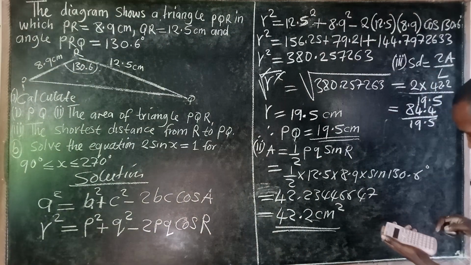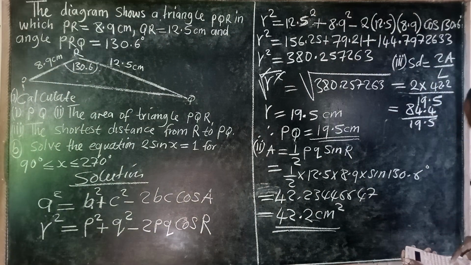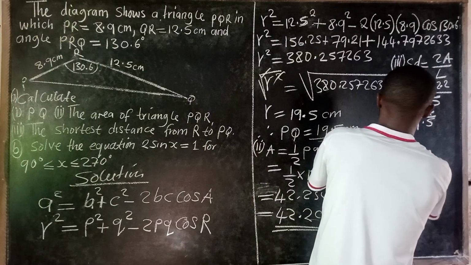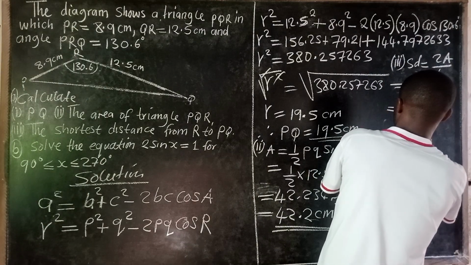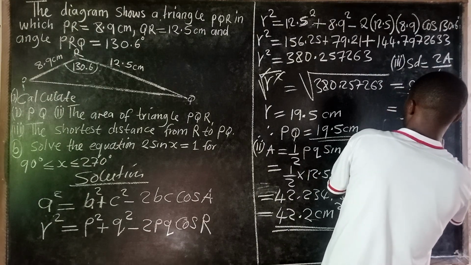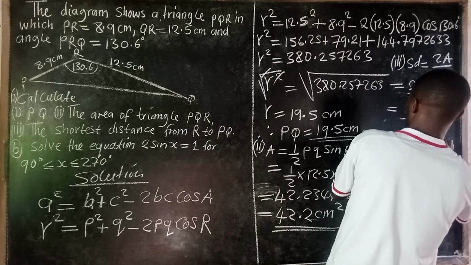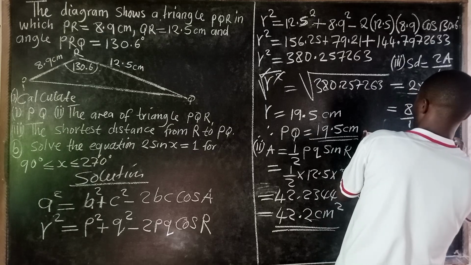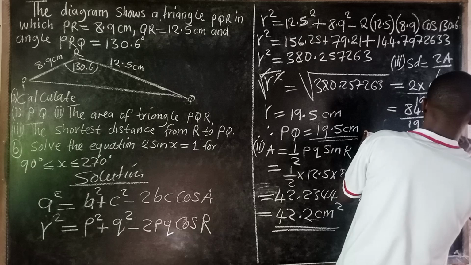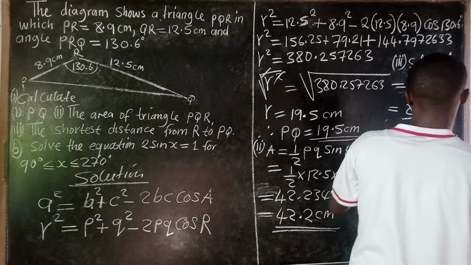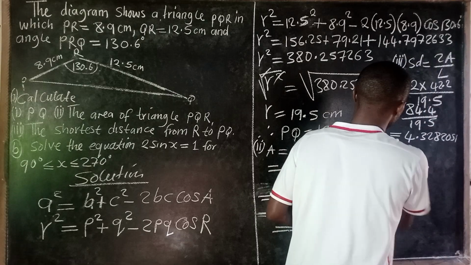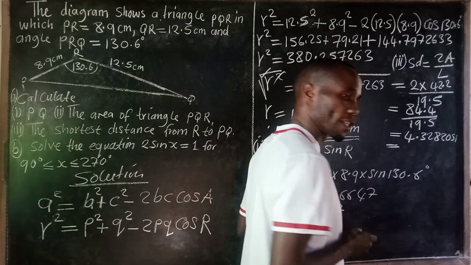So this same one now, divide by 19.5. What is the answer? So the answer is going to be 4.3282051.